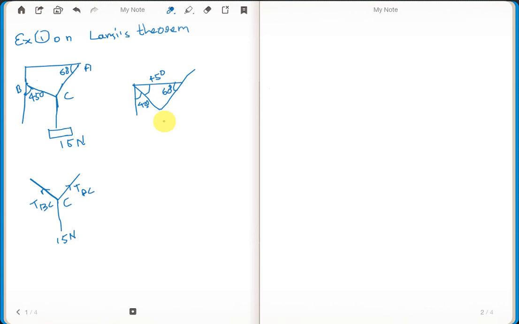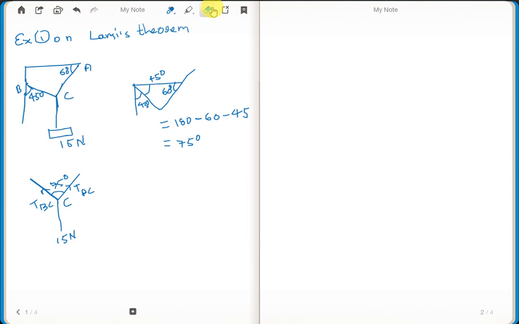The required angle is equal to 180 minus 60 minus 45. By simplification we get 75 degrees. So this angle of inclination is 75 degrees. Up to now, the angle between BC and AC strings is done.